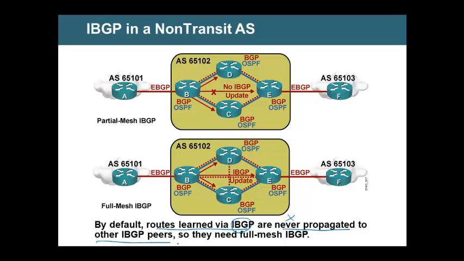What does that mean? When D learns the update from A, the 10 network, when D learns the update from B, is D learning from IBGP or EBGP? Hello, please focus.